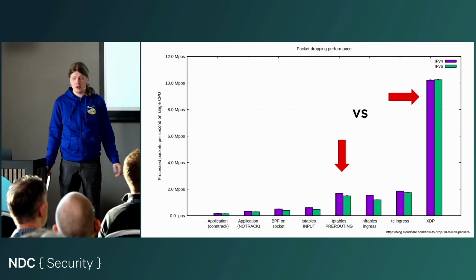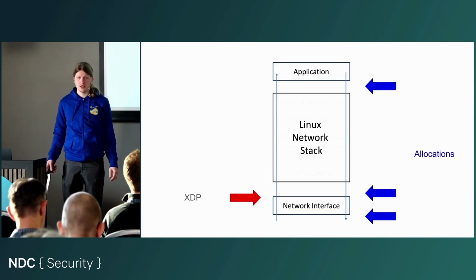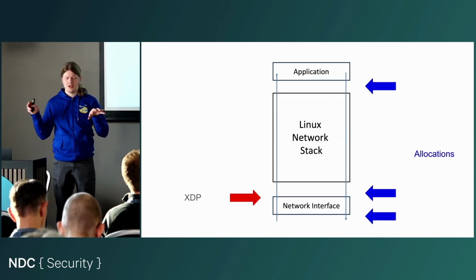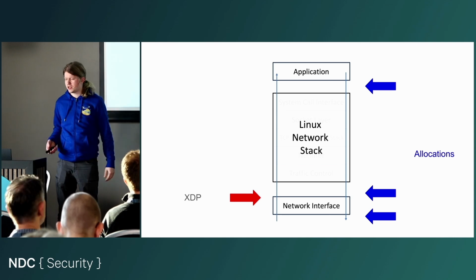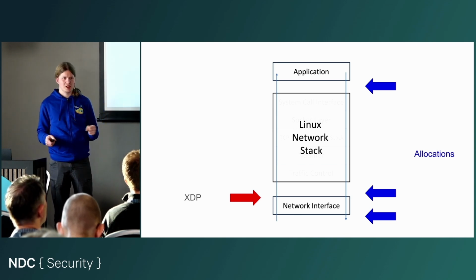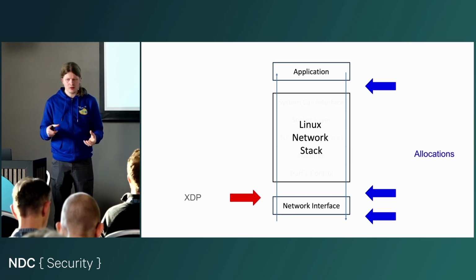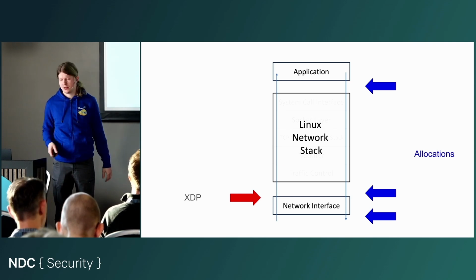So that's pretty cool. And how does it work? It works because XDP sits between the network interface and the Linux networking stack. So it's essentially the first point where we properly have the package in the kernel, and there we check it.